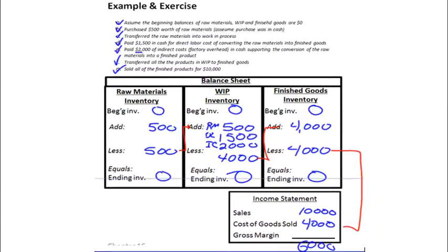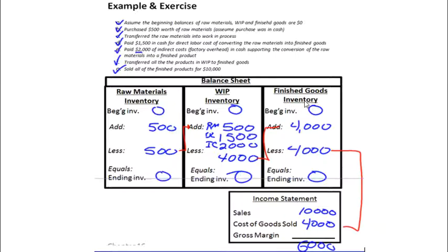And I did several transactions to illustrate this. We started out again, remember the equation: beginning inventory plus my inputs or additions minus my outputs equals my ending inventory, and that's true for raw materials, work in process, and finished goods.